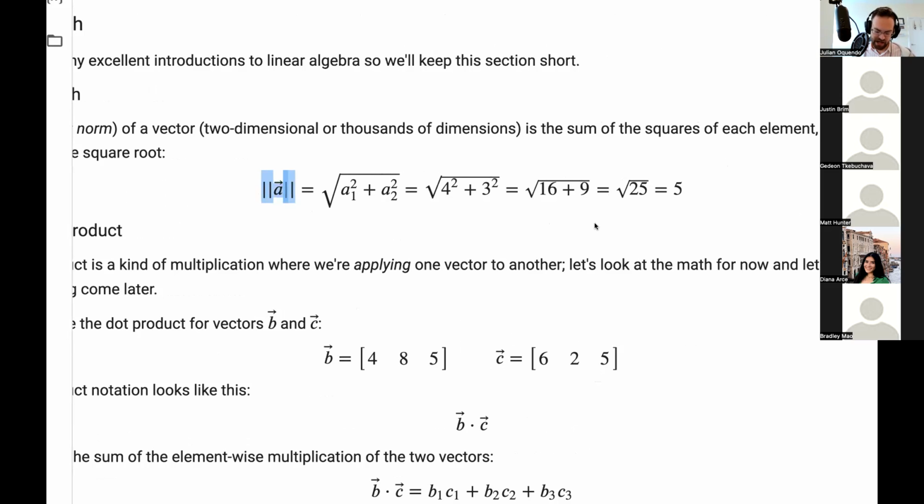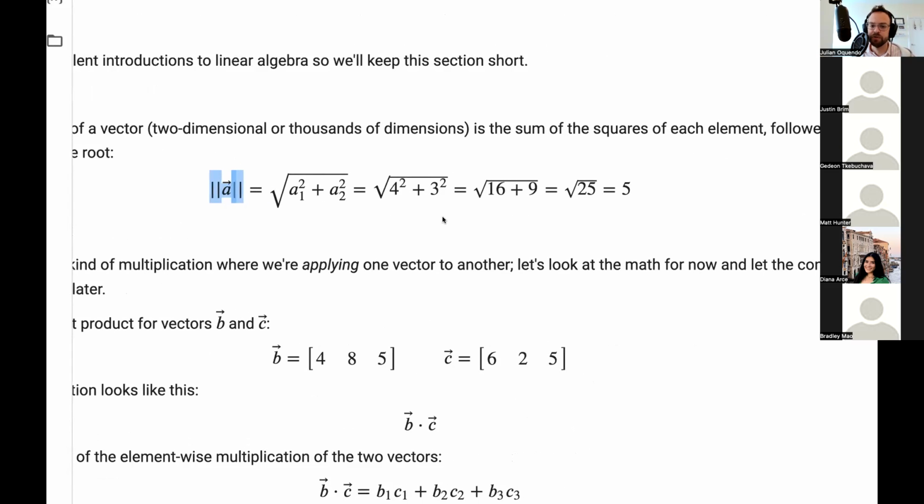Represented with these pipe values, these 2 vertical lines, you can measure the length of a vector by simply taking the square root of the sum of the squared values. So if you take your initial vector values, square them and sum them up.